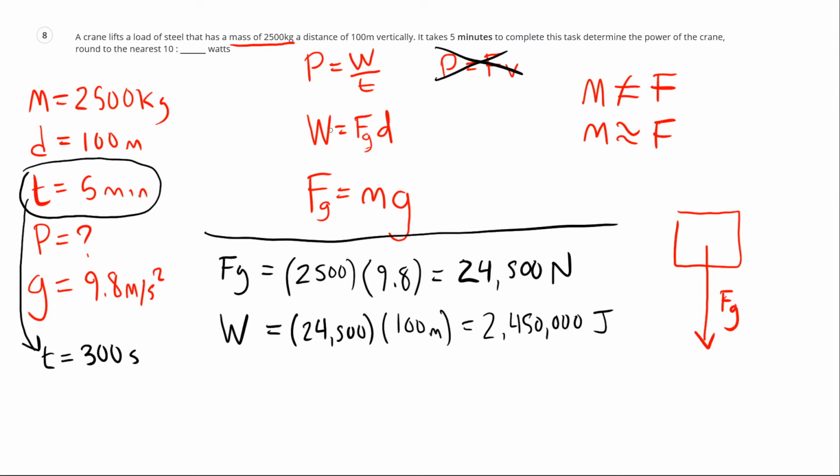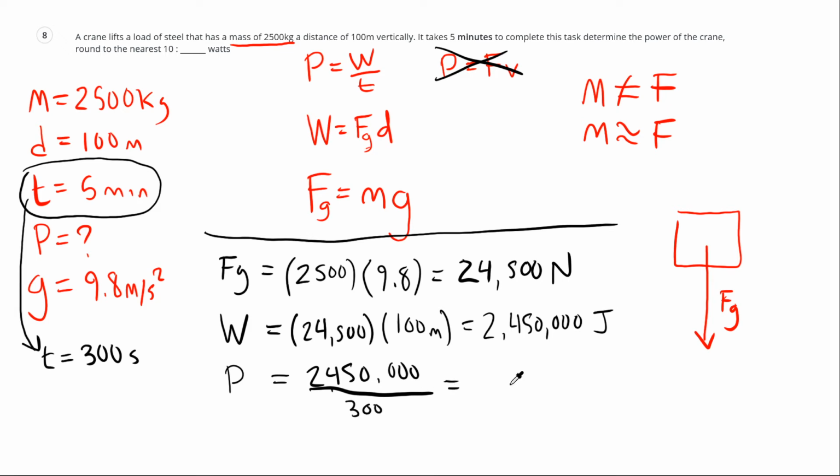And then finally, we're going to figure out what the power is. So power is going to be equal to this number divided by the time in seconds. So 2,450,000 divided by, oof, that was nice and bold, divided by 300 is going to give us our answer.